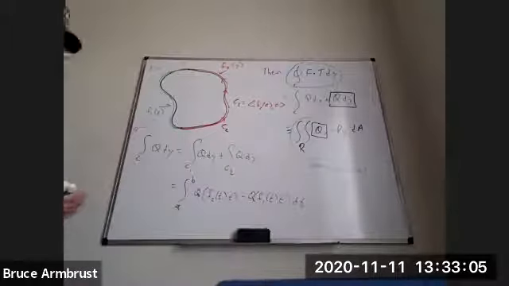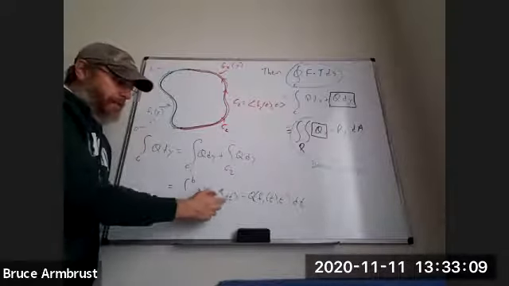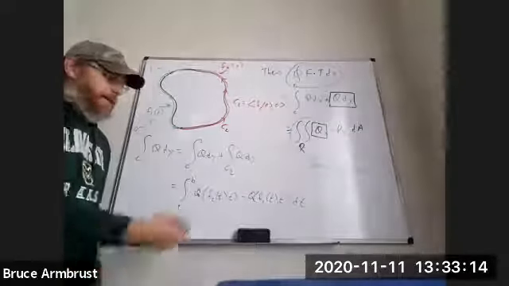So real quick, what I'm doing here is I'm changing my Q in terms of the parameterization, right? We're substituting in for the x and the y. That's all I'm saying here.